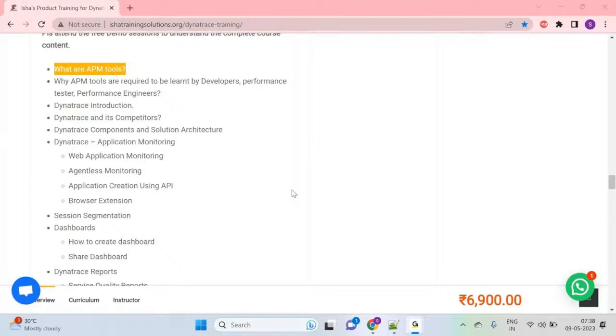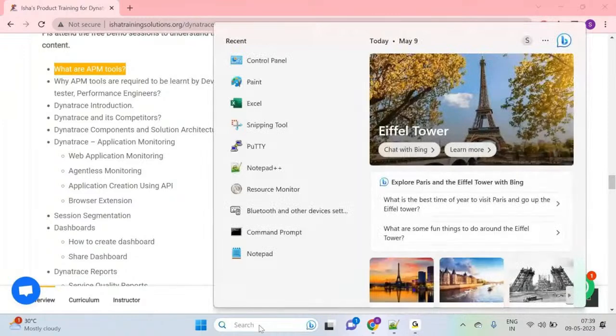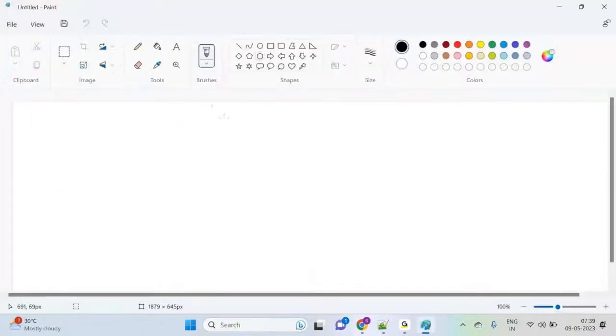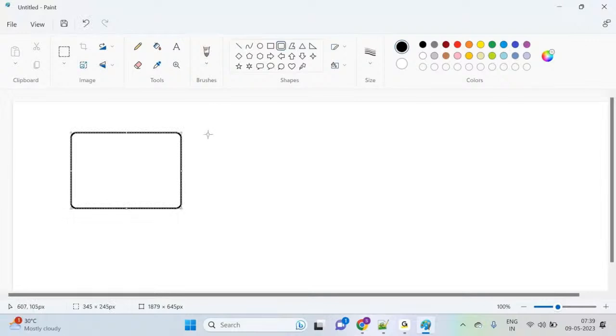So every APM tool, how is it actually working? Say, a typical example, I'll draw a picture. Say you have your application server, you have your database server, and you also have your browser.